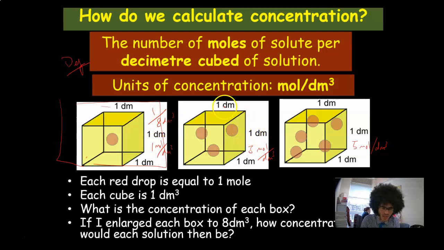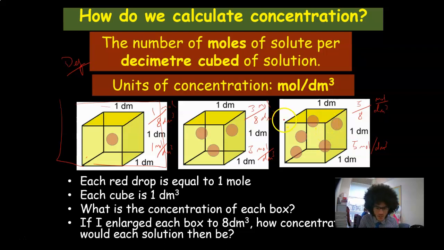For this box, you'd have 3 moles in 8 decimeter cubed. And over in this box, you'd have 5 moles in 8 decimeter cubed. Now, this is really important, because what you're seeing is as I go from left to right, my number gets bigger. And that makes sense, because you've got more particles in the same volume.